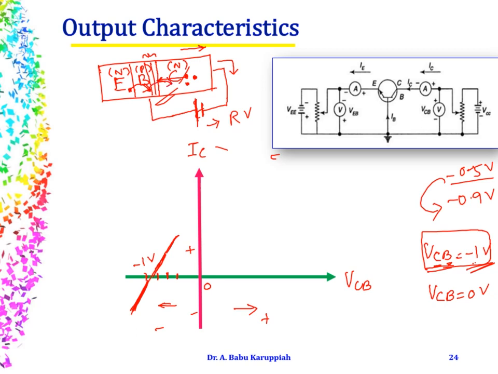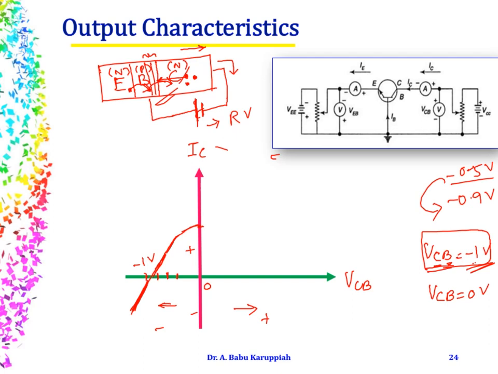So there is a current that is going to flow even at VCB equal to 0 volts, and this is what we call the collector current. So the electrons in the emitter start flowing into the collector even at VCB equal to 0 volts.